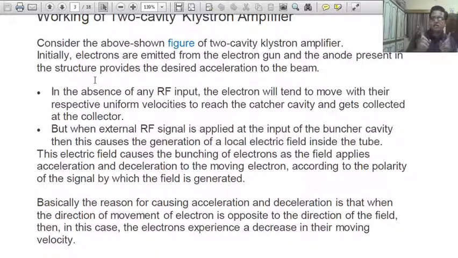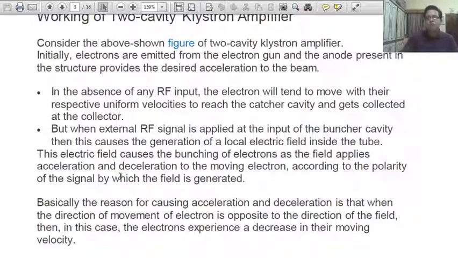But when an external RF signal is applied at the input of the buncher cavity, this causes the generation of a local electric field inside the tube, and this electric field causes the bunching of the electrons.